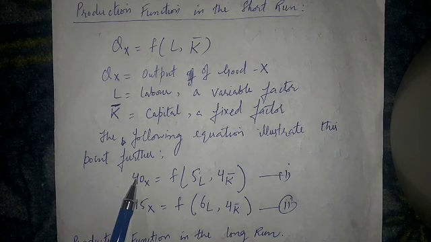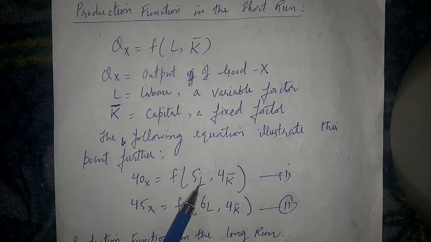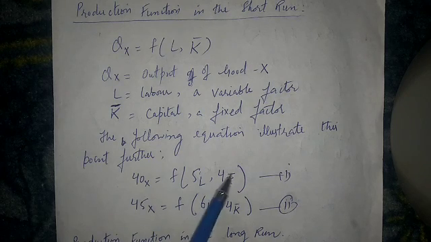Output increases from 40 to 45 units of commodity X because input of labor has increased from 5 to 6 units.